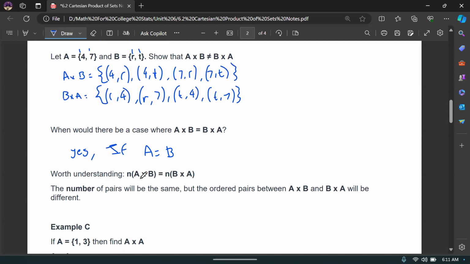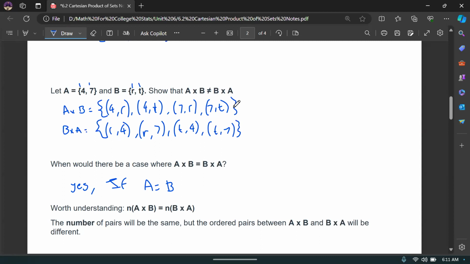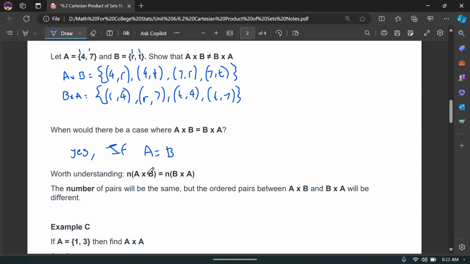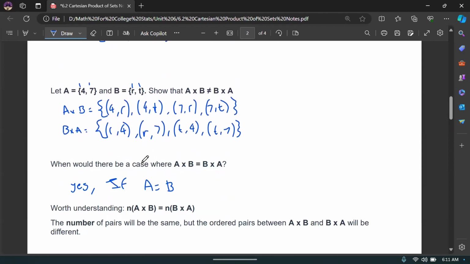It's worth understanding. It just mentions that the number of elements of A times B is the same as the number of elements of B times A, as you can see. A times B was 4, B times A was 4, right? Because either way, 2 times 2 is 4, no matter which way you put it around. Same thing here, 2 times 1 versus 1 times 2. Both sets here are going to have 2 ordered pairs in them.